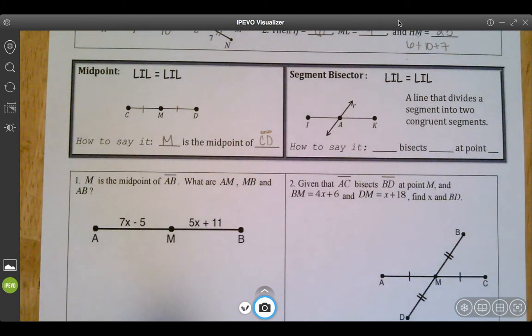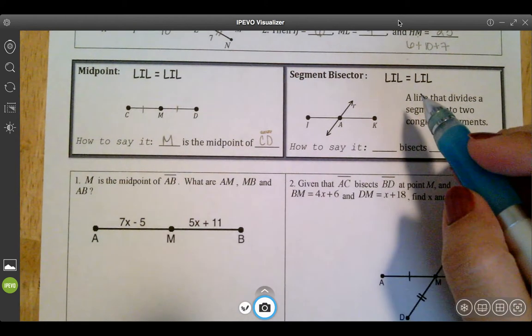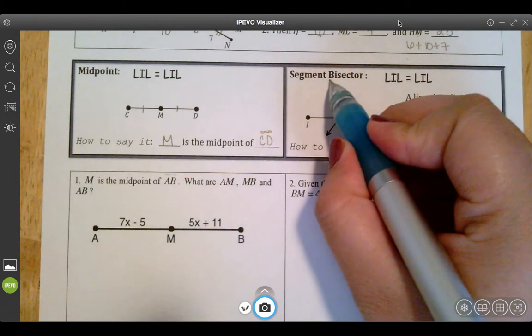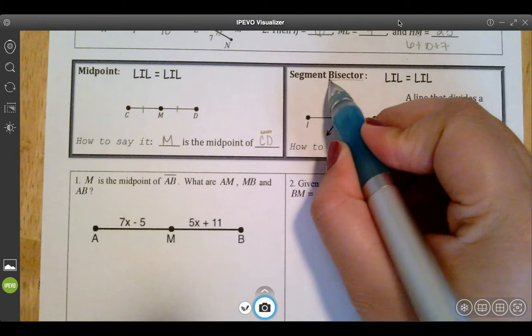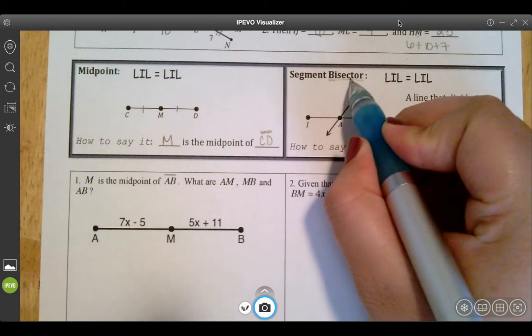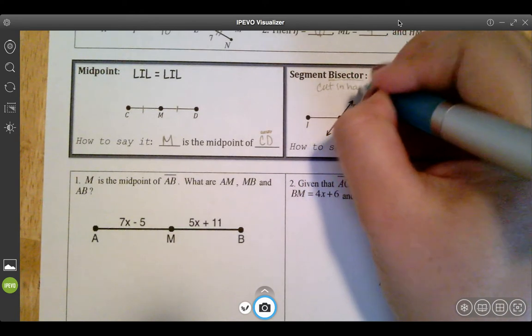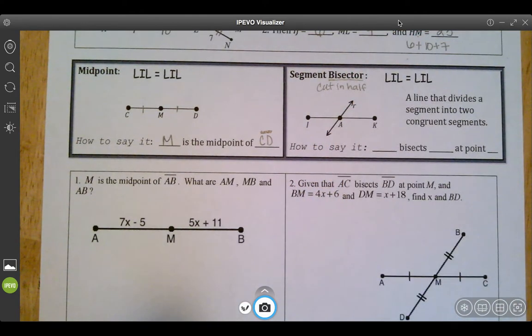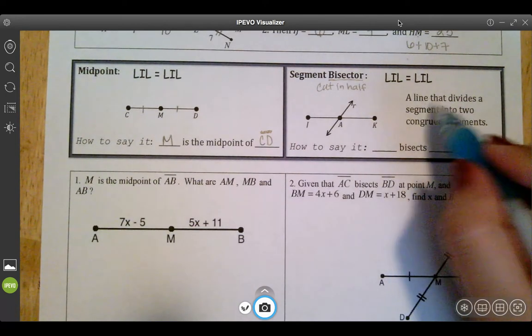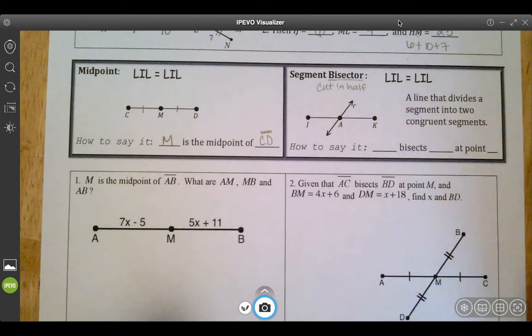Okay. The other way that we can compare segments is a bisector. Bisector means bi, meaning two, sect, meaning cut. It has been cut in half. So this is another way that we get two congruent segments: a line that divides a segment into two congruent segments.